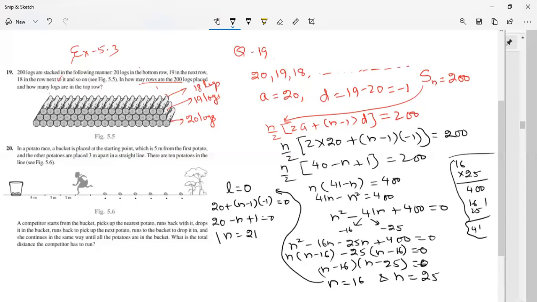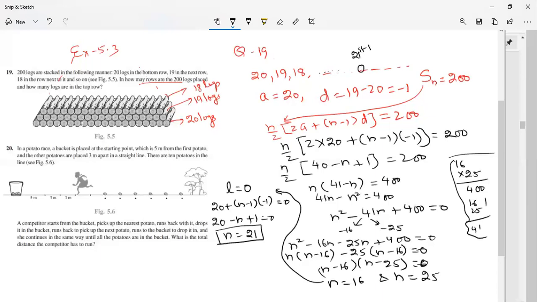So when 21 terms are reached, after that the logs will become 0. We cannot put more logs. After 21 terms it becomes 0. Just try to understand: because you are subtracting, you will get 0 when you reach the 21st term.